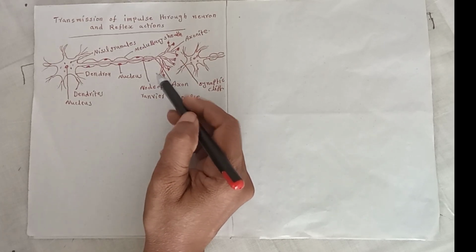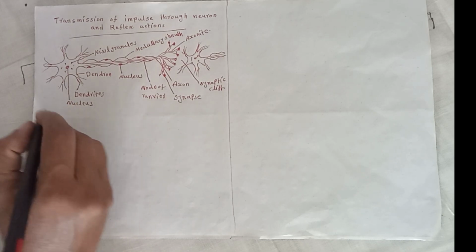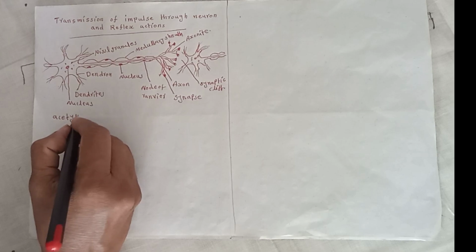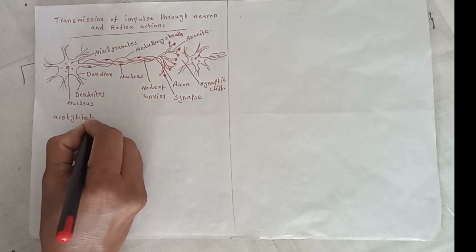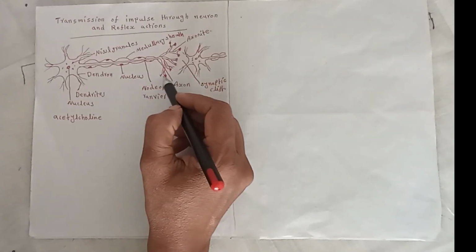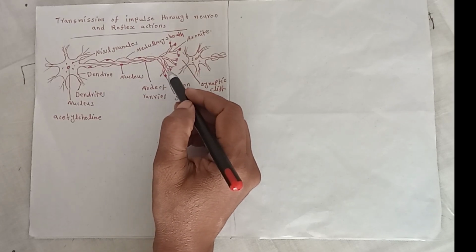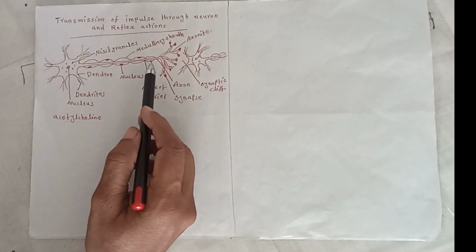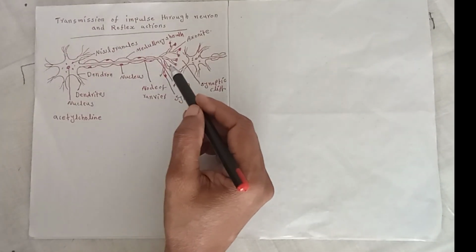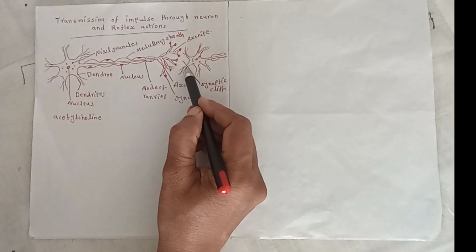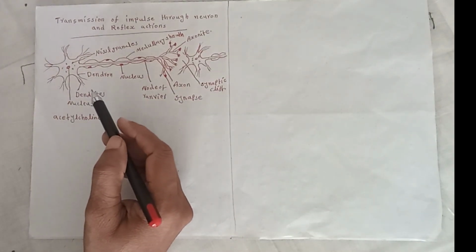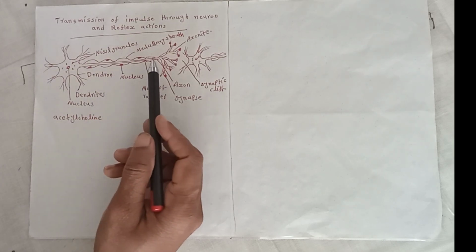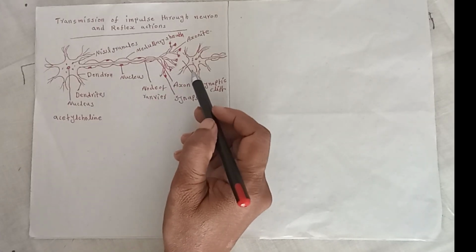These knobs produce the chemical acetylcholine, which converts the physical impulses passing through the axon to chemical form and transfers them to the dendrites of the next neuron.